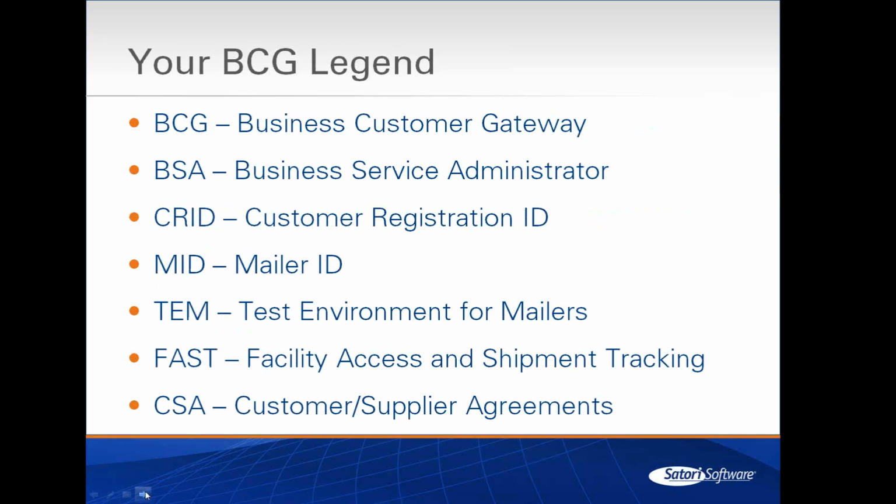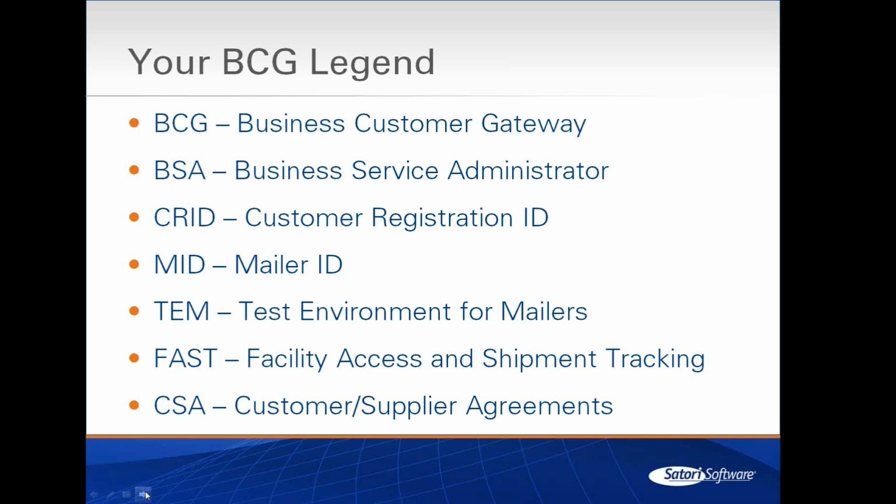Now, there are quite a few acronyms that you'll see as you go throughout the Business Customer Gateway, and the Post Office does love their acronyms, so we wanted to make sure you had a quick little legend here to know what all of these acronyms mean as a quick reference here. So the Gateway website, or the Business Customer Gateway, is sometimes called the BCG, just as a shorter version of that.